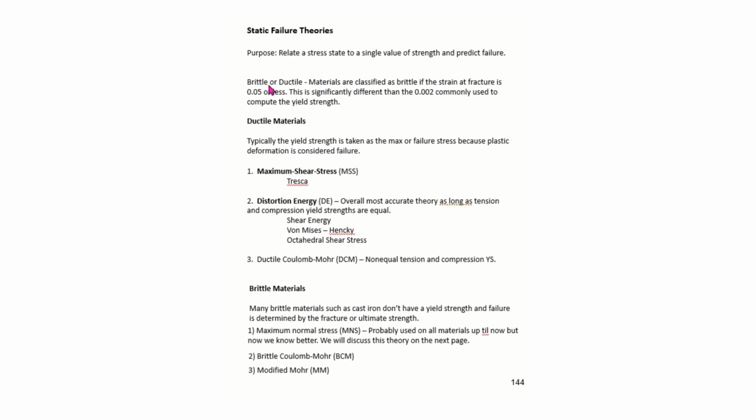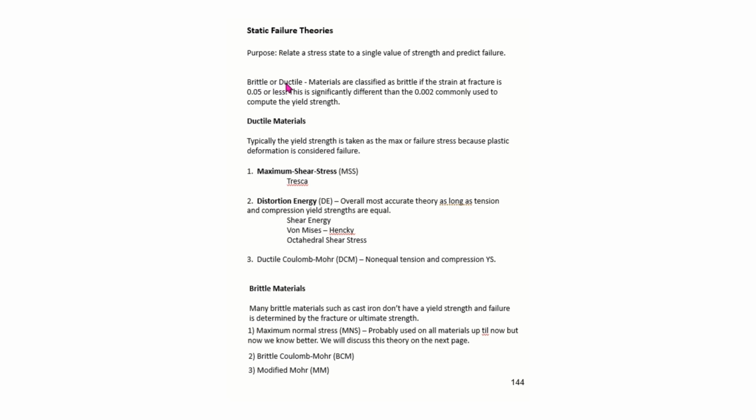The difference between failure theories is often categorized by whether the material acts as a ductile material or a brittle material. And so the first step in selecting which failure theory is appropriate for the stress state that you're looking at is to determine whether the material acts as a brittle or ductile material.